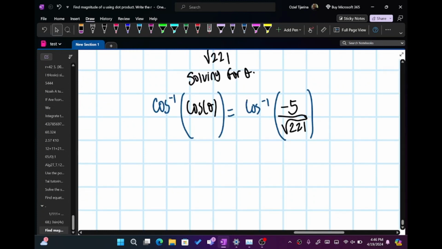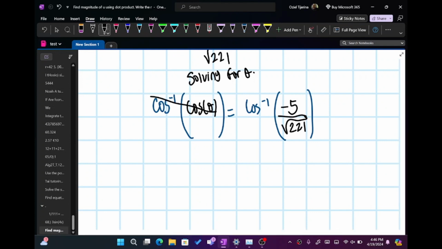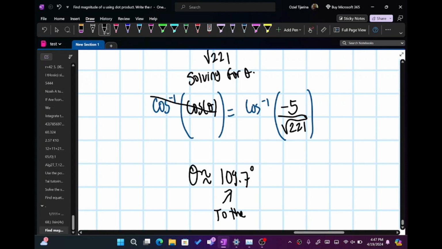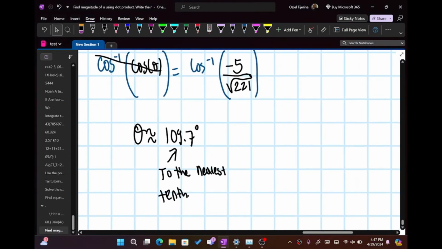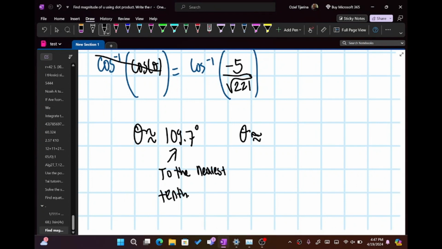When I do that, these two cancel out, and theta will be approximately 109.6 degrees. Actually, 109.7 degrees, to the nearest tenth. And if you want to round to the nearest whole number, it would be approximately 110 degrees.